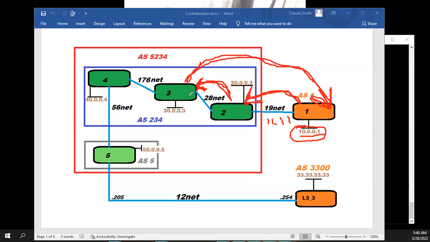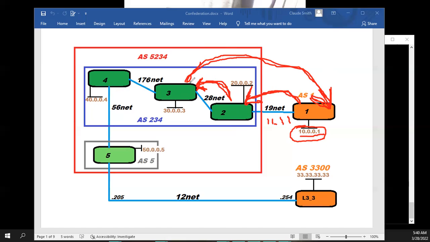That's what it thinks the next hop is. If you looked at his table, it would actually say that. His table would say the next hop to get to autonomous system number 1 is going to be 10.0.0.1. It's almost like saying, let's not even worry about router number 2. I'm not even trying to send anything to router number 2. I'm going to skip and bypass the middleman and go straight to router number 1. That's a problem in itself.